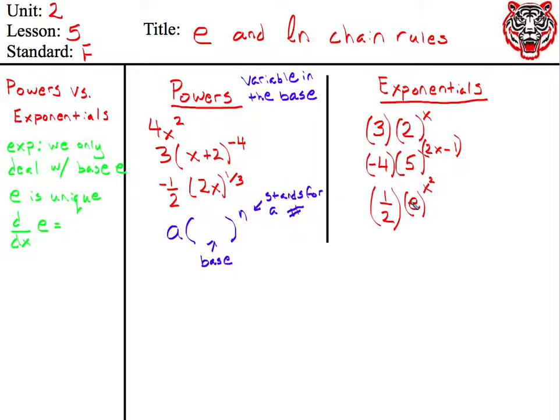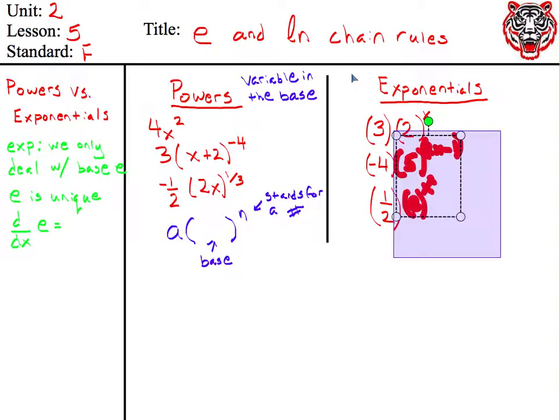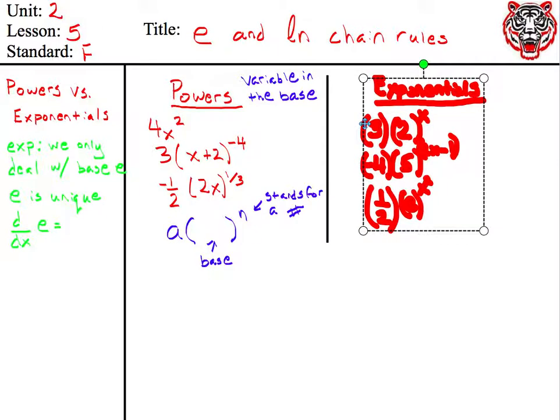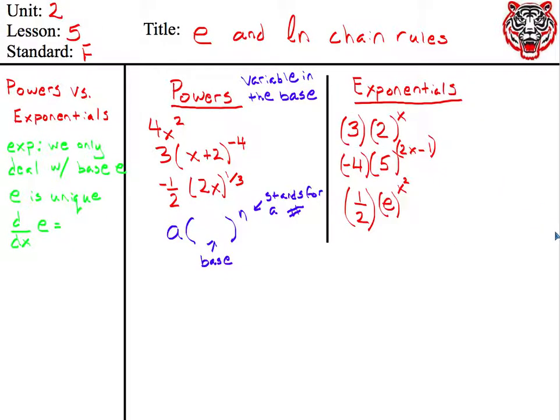All right, so notice that in these cases, maybe I should move all of these over a little bit. These should all be moved left, so I have enough room on the right-hand side to write down our rule: the variable in the, and you guys know what to say here, it's in the exponent.